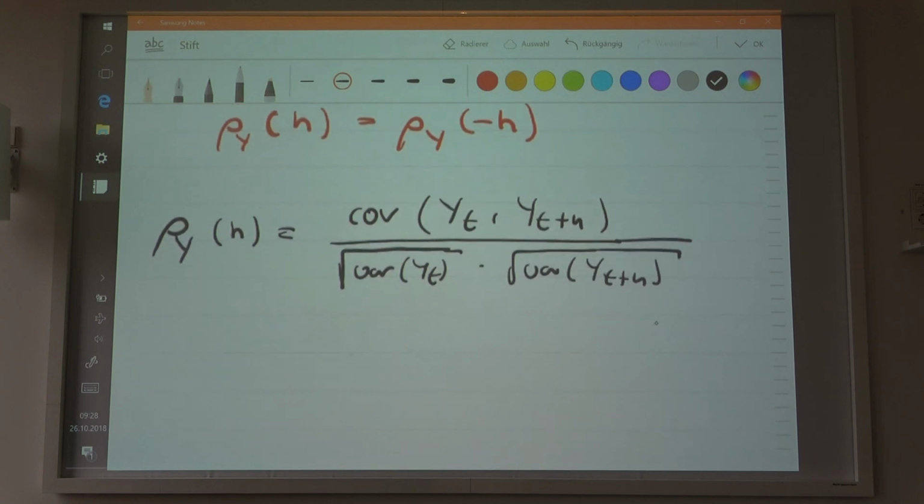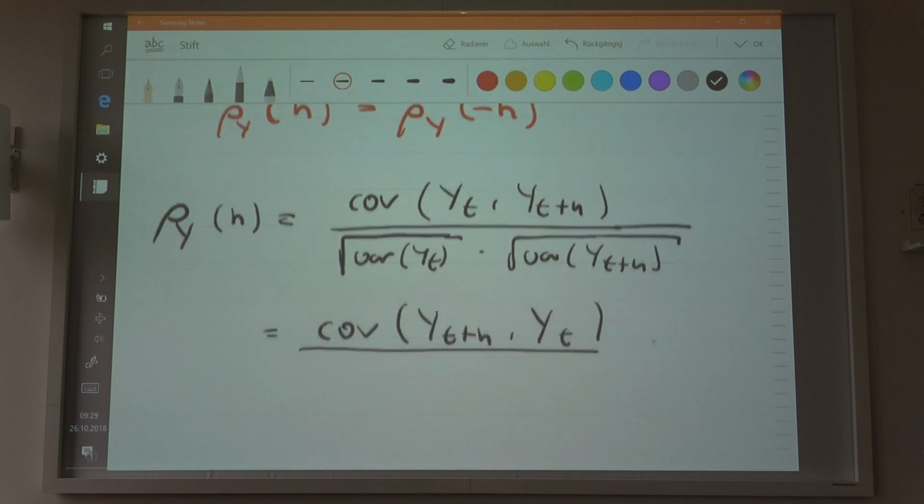And what you need to consider is that the covariance of two random variables does not change if you change the order. So the covariance of y at point t and y at t plus h is the same thing as the covariance of y at point t plus h and y at point t, divided by the variance.